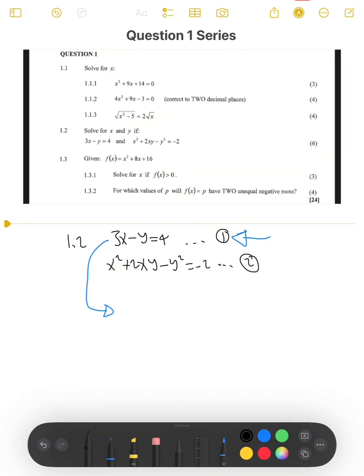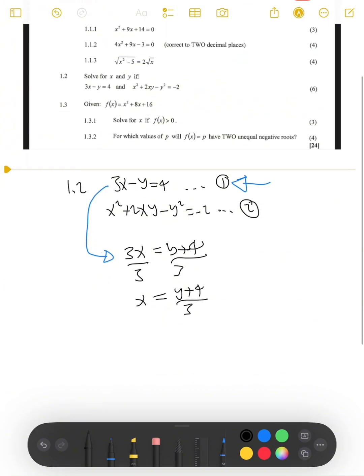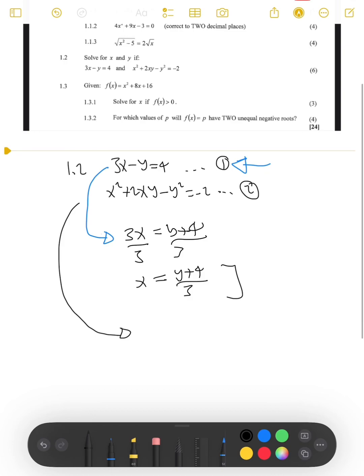So let's first start and check x. Making x the subject, we get 3x equals y plus 4. Dividing both sides by 3, we therefore get x equals (y plus 4) over 3. So you can see that this right here is hard to work with. So just like the usual questions we will be getting, y is usually the easy one, but that's not the general rule.